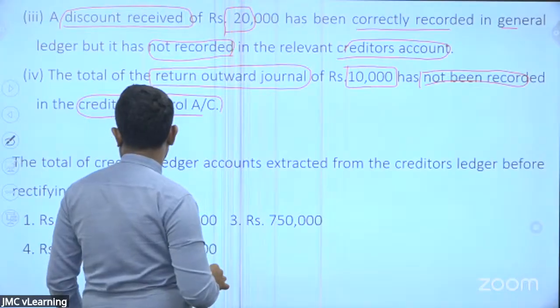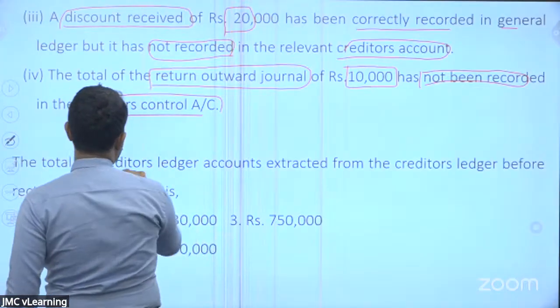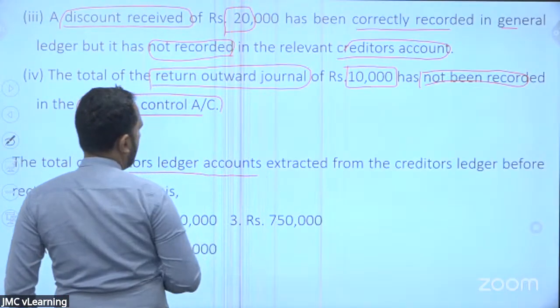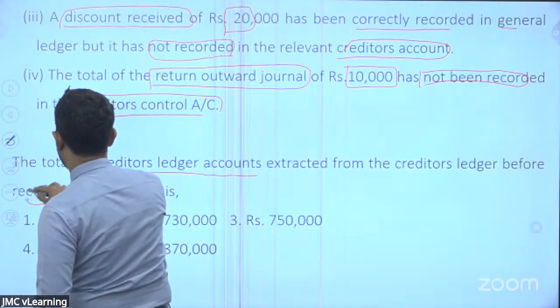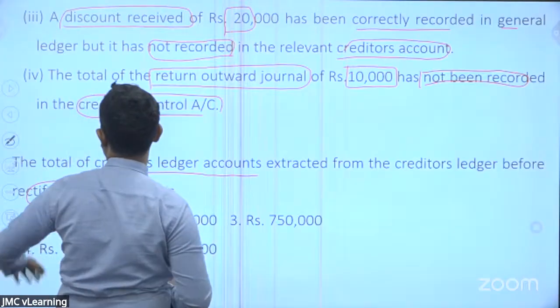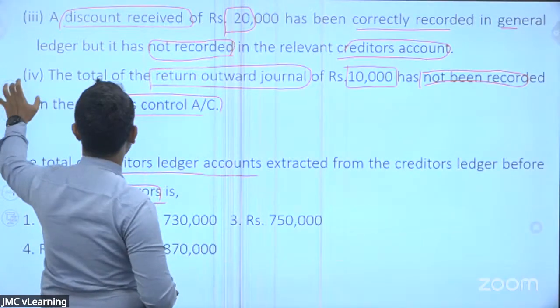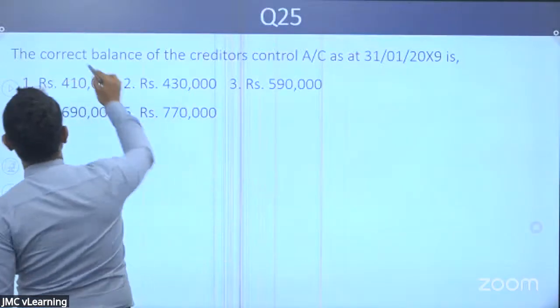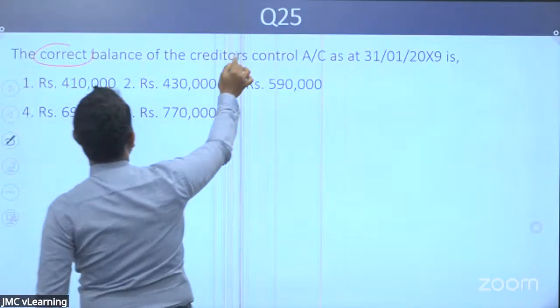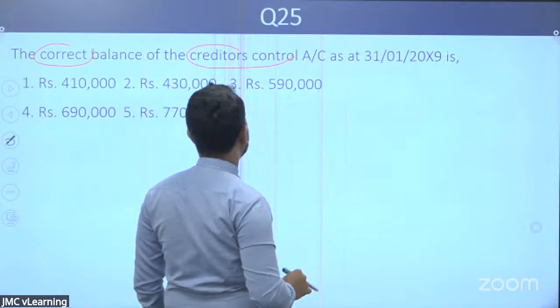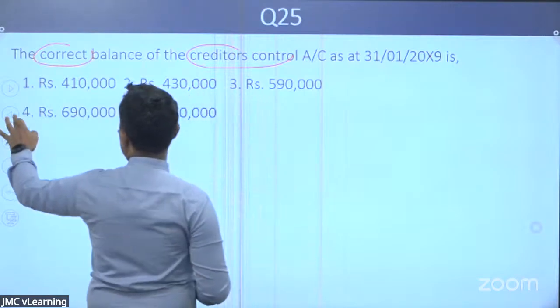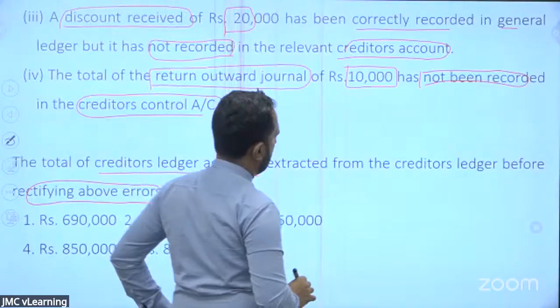Right. They ask for the total of the creditors ledger accounts extracted from the creditors ledger before rectifying the above errors, and the correct balance of the creditors control account. These are the two they are asking.